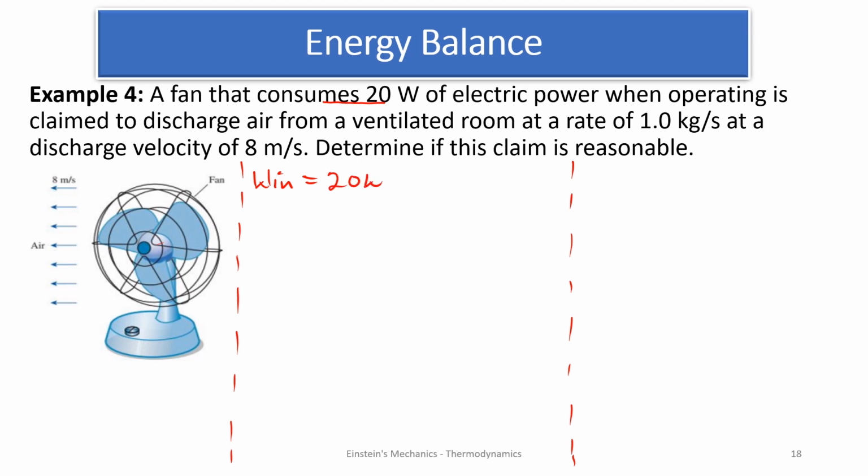So now, when operating, it discharges air at a rate. So we are talking about rate. So the mass rate is 1 kilogram per second. And the velocity is also 8 meter per second.